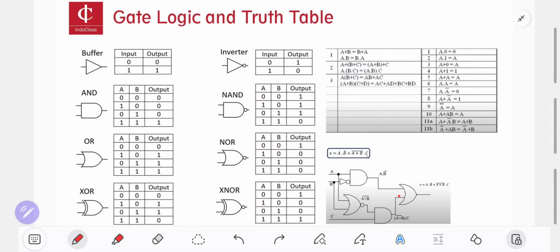They are gate logic, and you have to know the basic gate logic.